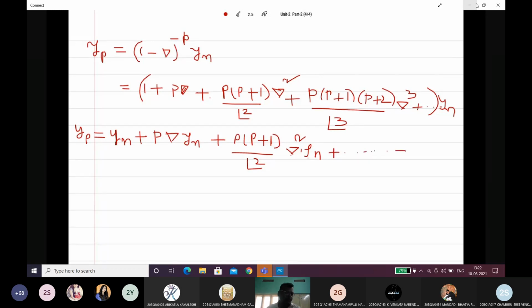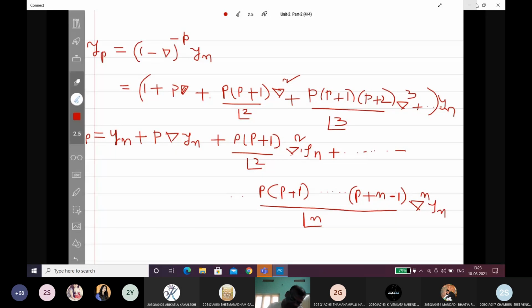We have to take up to n degrees because derivatives of power n plus 1 are equal to 0. Therefore, we take up to p into p plus 1 and so on up to p plus n minus 1 by factorial n into del power n yn.